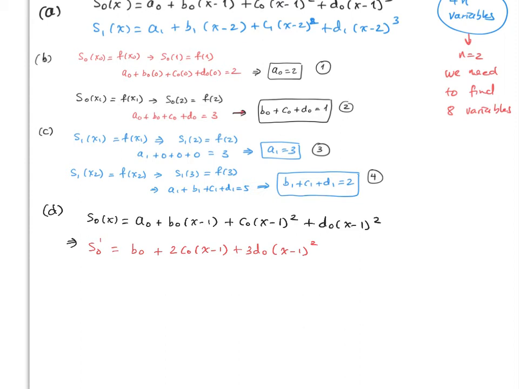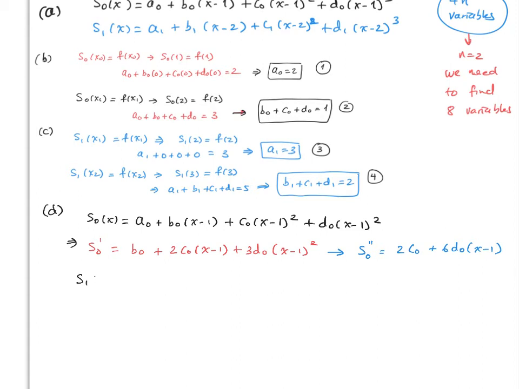Now, since we're going to need the second derivative eventually, that means the s0 double prime is going to be equal to 2c0 plus 6d0 times x minus 1.